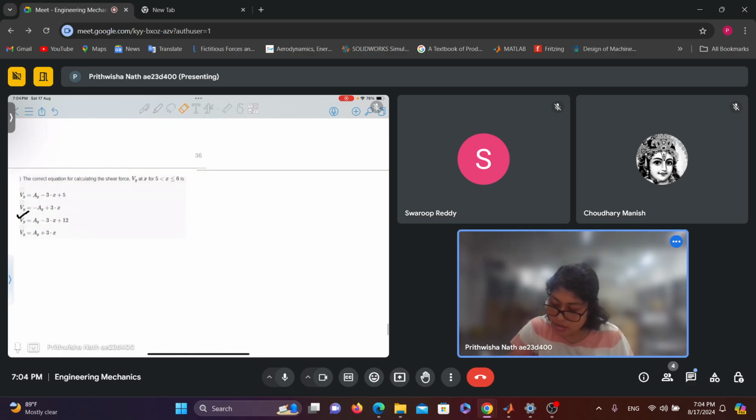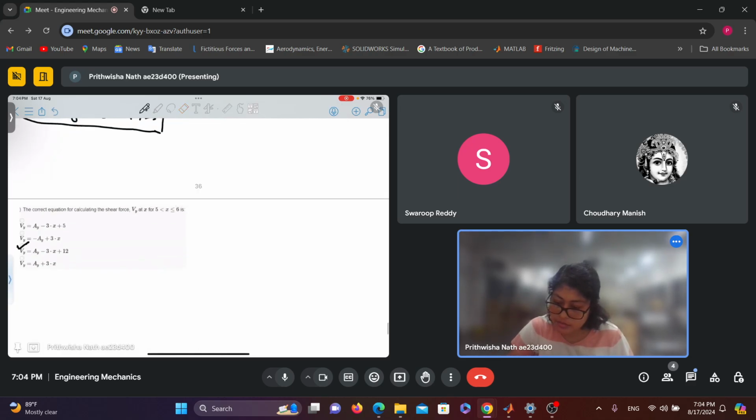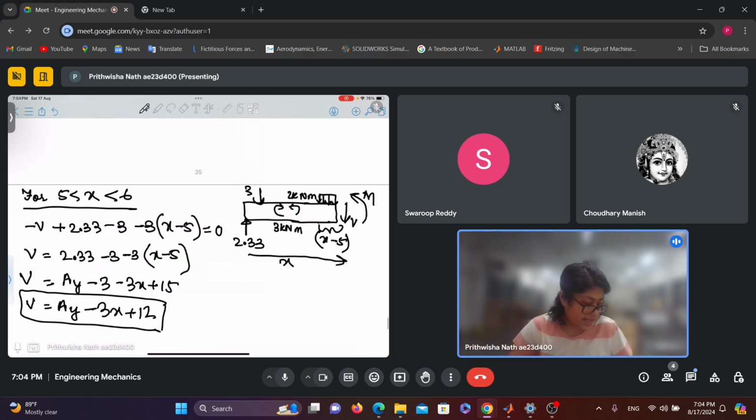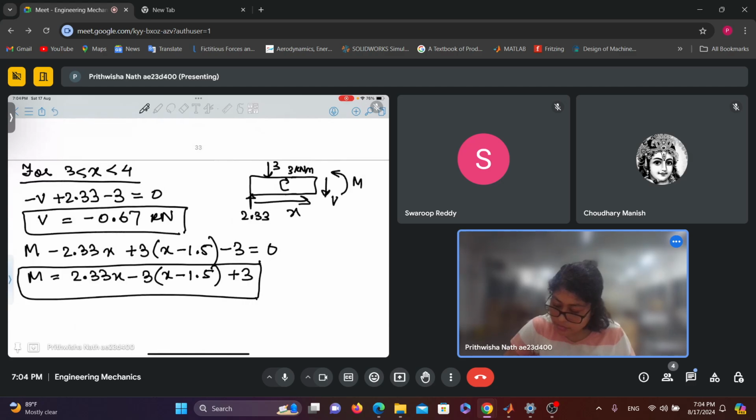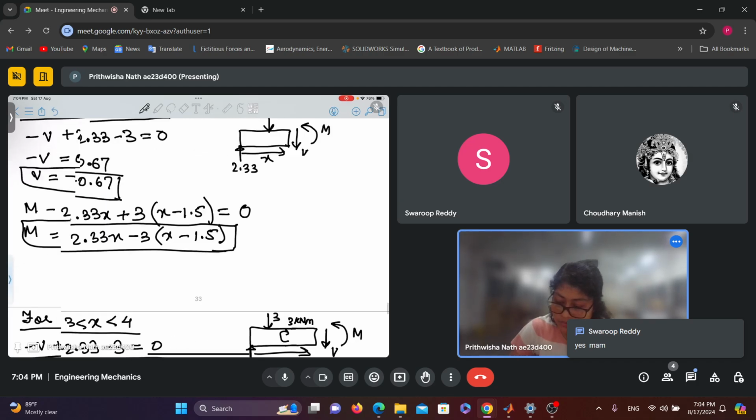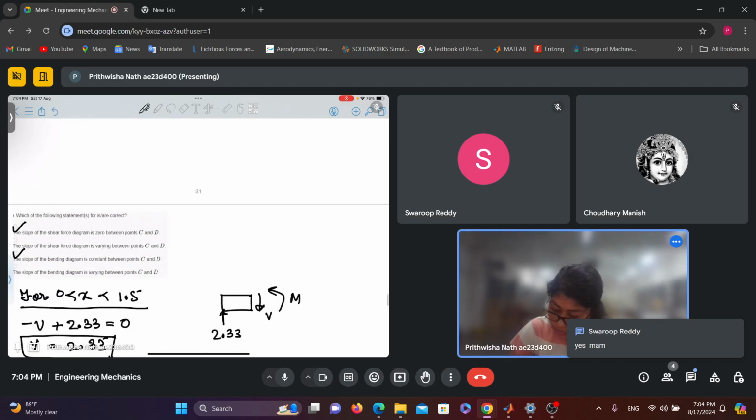C and D is 3 to 4. The region is 3 to 4, right? So there is a linear variation in x. So the slope is constant, right? Okay. So the third option is correct.